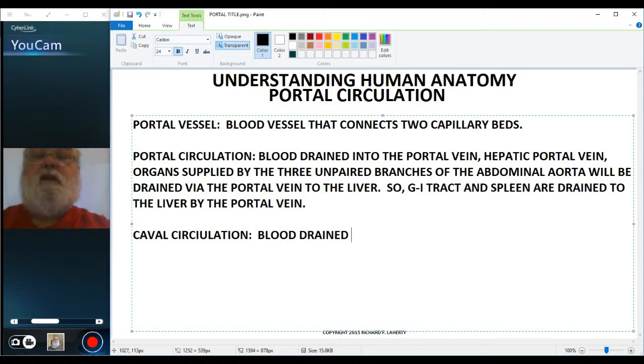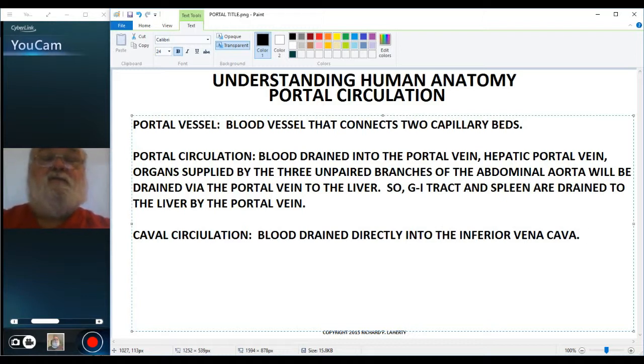So this would be blood drained directly into the inferior vena cava. And the paired branches of the abdominal aorta are the arteries that supply these organs.